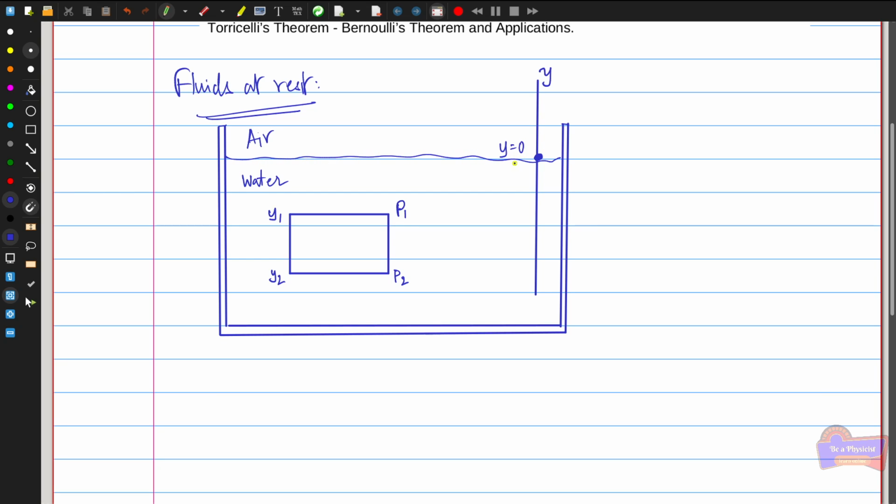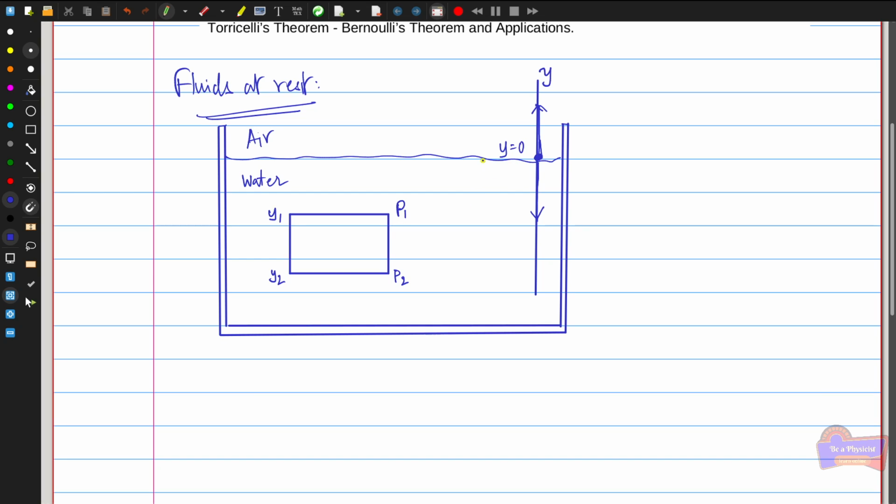This is the surface, which I can take as y equal to 0. That means the y-axis is taken as 0, a reference point. Once you move above this point, the values are positive and increasing, and if you move inside the water, the value of y decreases in the negative direction.